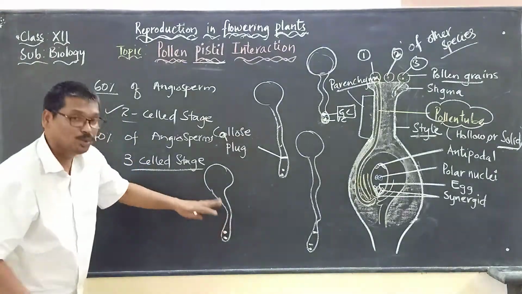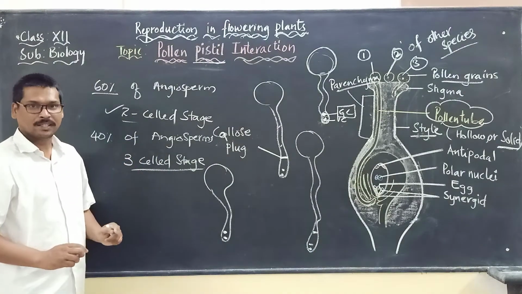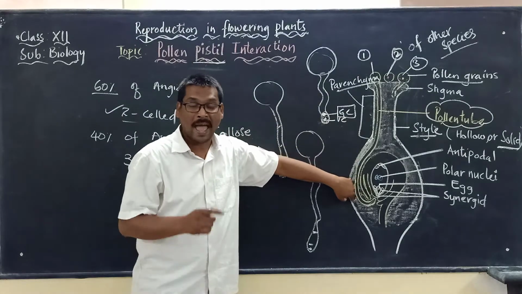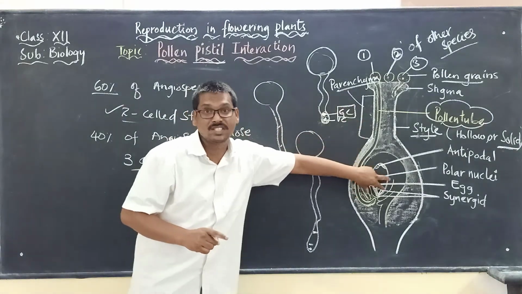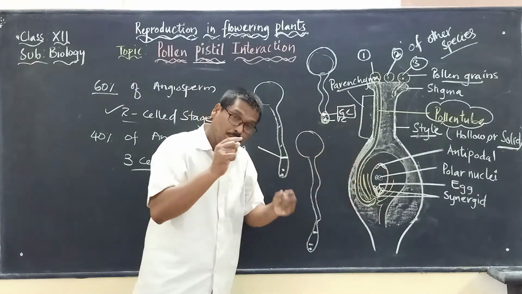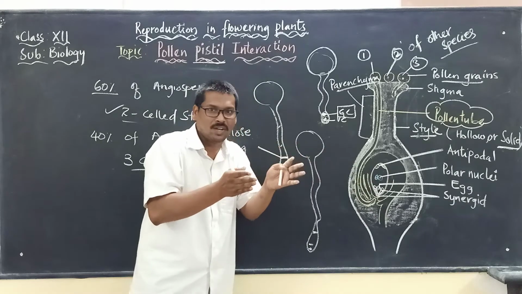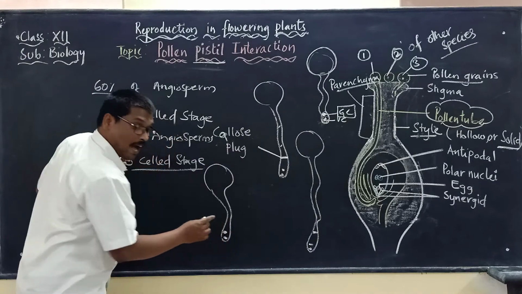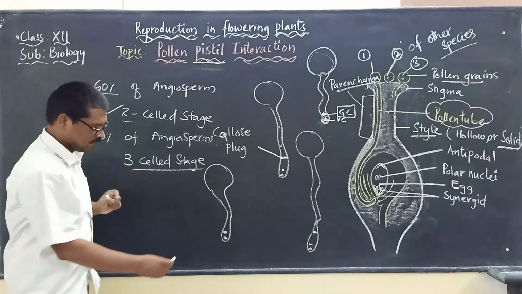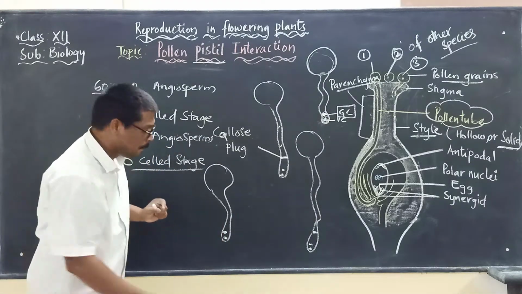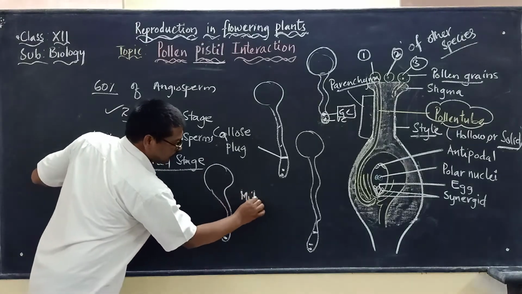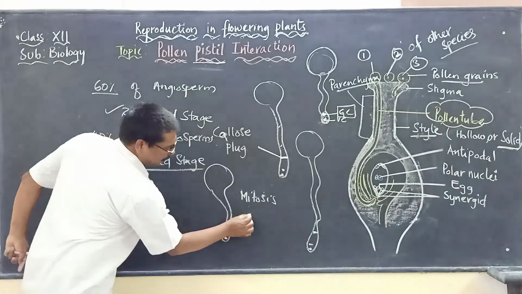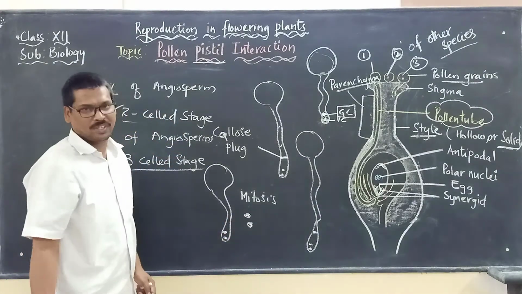This is the two-cell stage. But as the pollen tube is formed, reaching the ovule, during that process the generative cell will undergo mitotic division and divides into two nuclei.